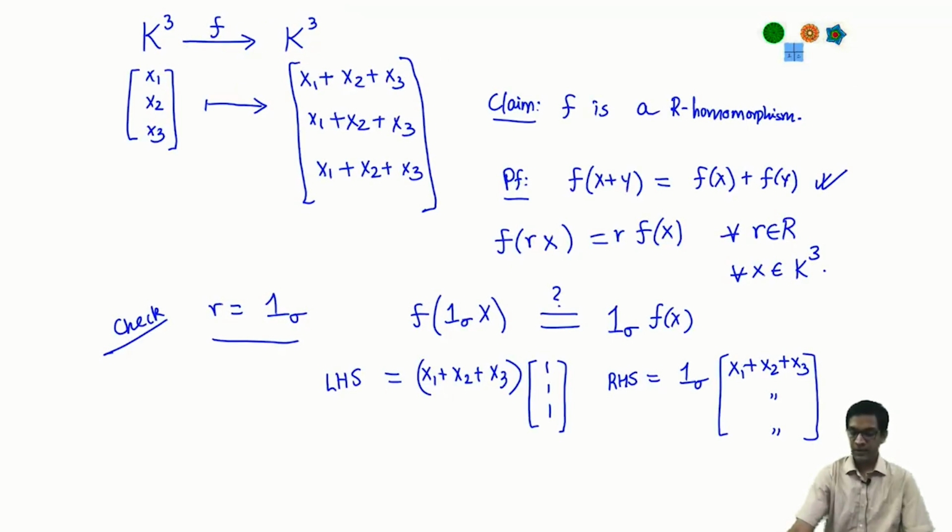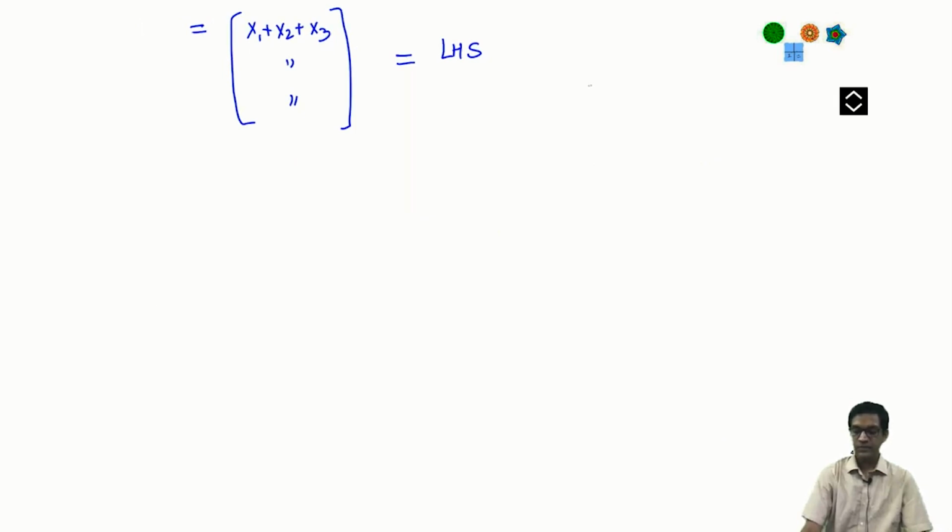So we have checked it for things of the form 1 sigma, and again I leave it as an exercise for you to check that it's true more generally if I take my ring element to be the more general form, a linear combination. So this is the sum over all sigma in S3, c sigmas are all field elements.